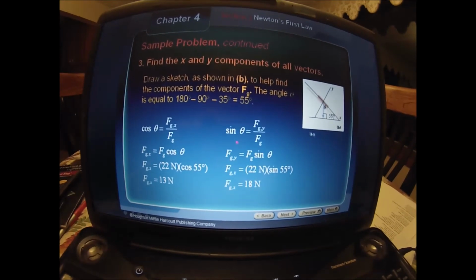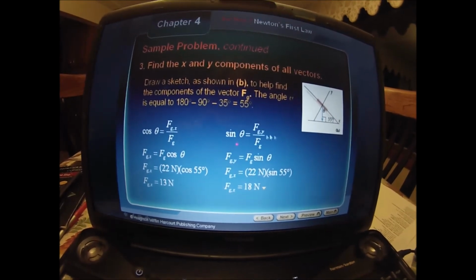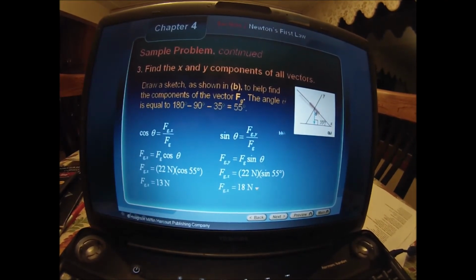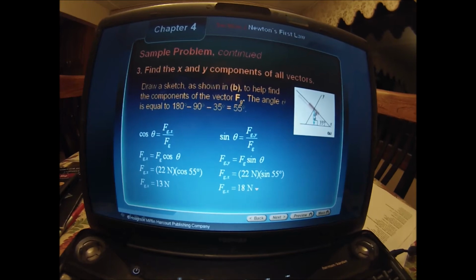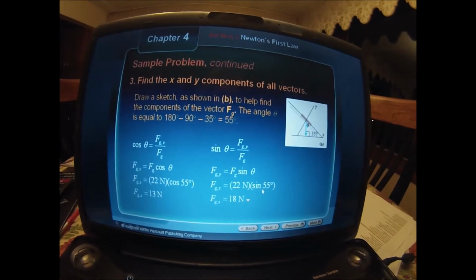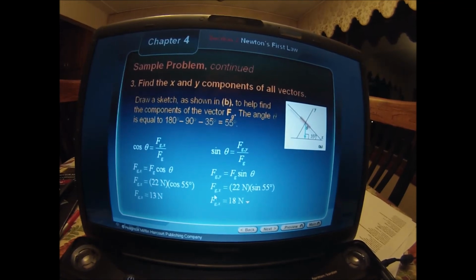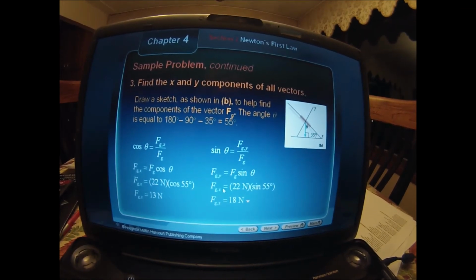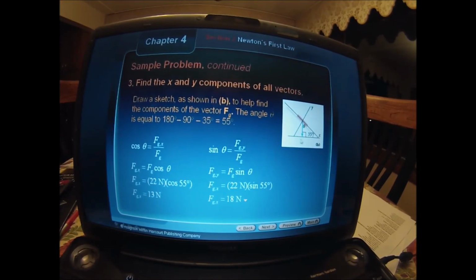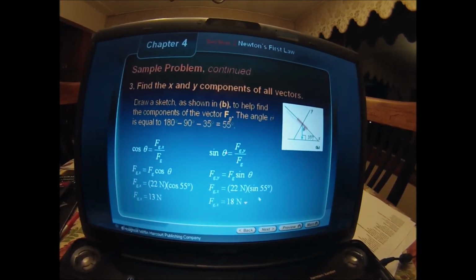Now we need to find our y direction, and we'll take the sine of theta is F of y over F of g. And we take 22 newtons times the sine of 55. This should be F of g of y. They made a mistake here. So our F of g of y, that would be this direction right here, is 18 newtons.